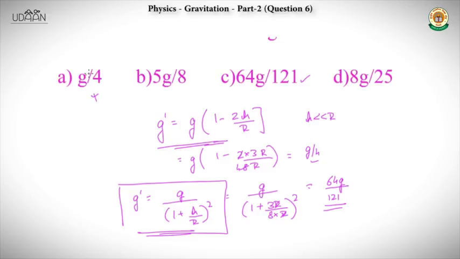So just keep in mind that this formula has to be used only when h is very, very small compared to R. If h is comparable to R, then we have to use the other formula. Let's move on to the next question now.